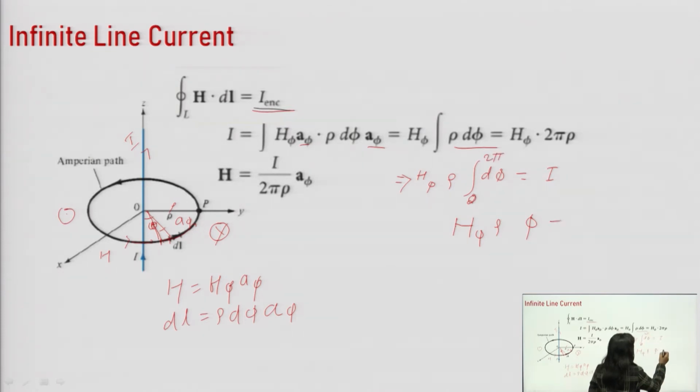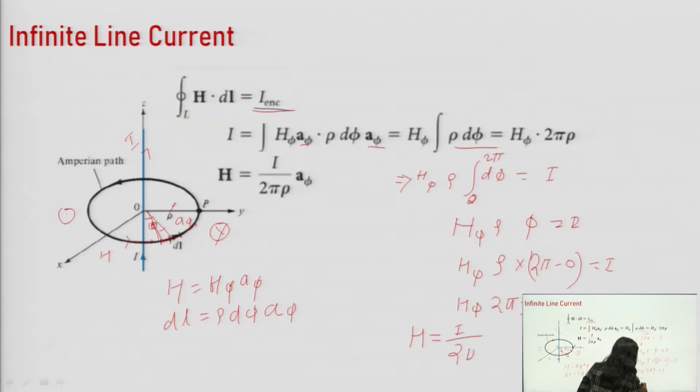After integrating it we get h phi rho into 2 pi minus 0 is equal to I. Further we can write it as h phi 2 pi rho is equal to I, or h can be obtained as I by 2 pi rho.